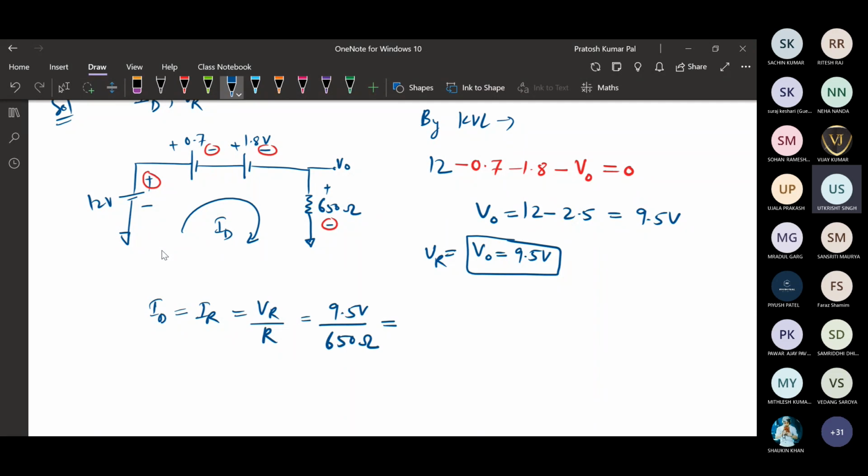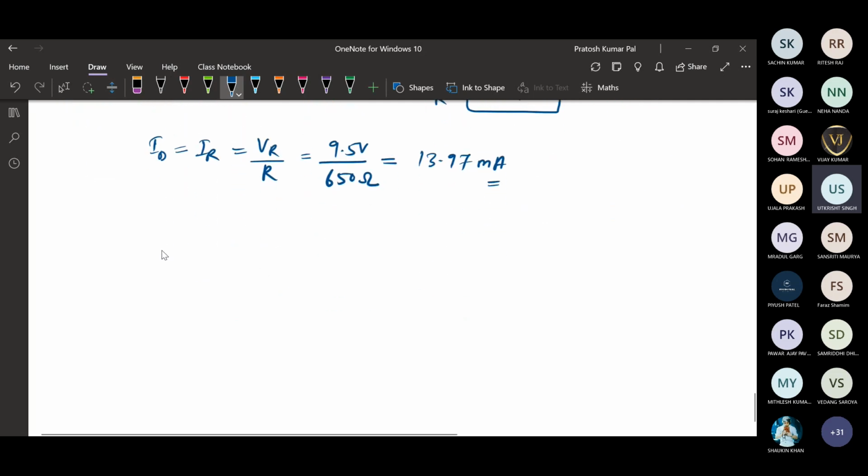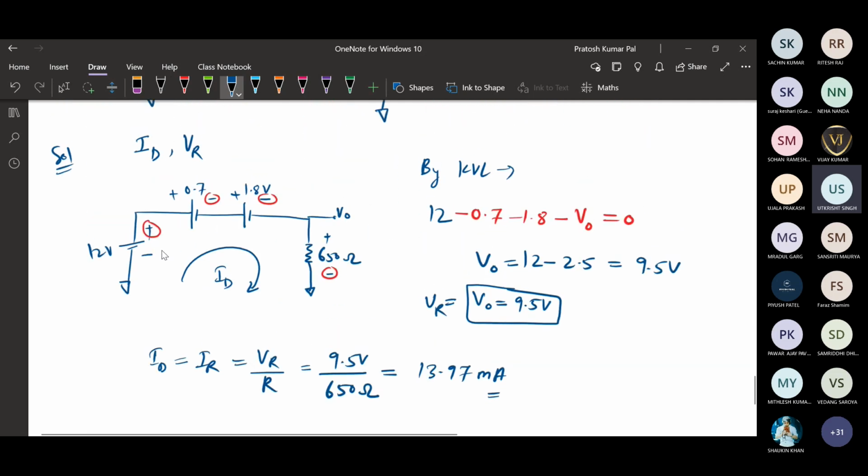So this current will be coming out to be 13.97 milliampere. Okay, so this will be the current flowing through this circuit. So this is the simplified analysis.